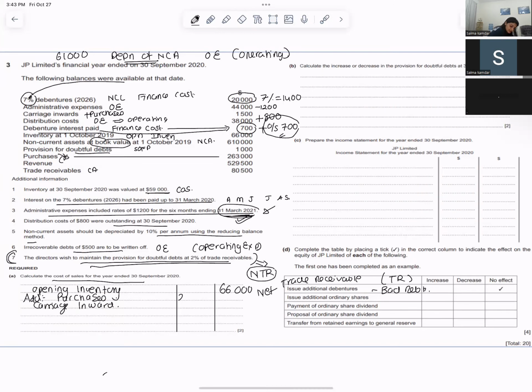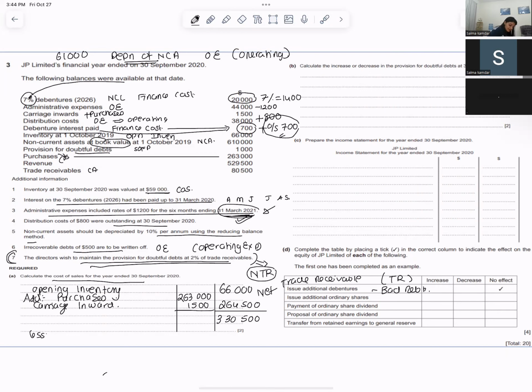Purchases is 263,000. Carriage inward is 1,500, so 264,500. Opening inventory plus purchases and carriage inward gives 330,500.